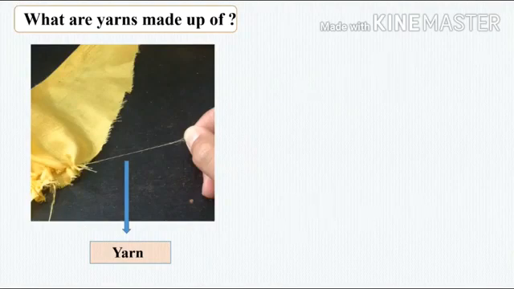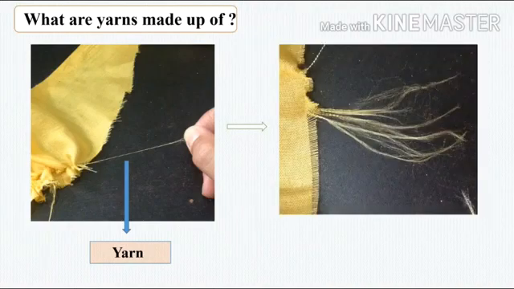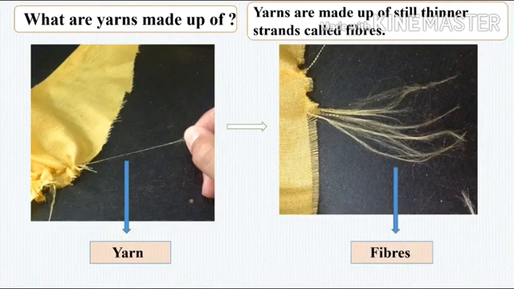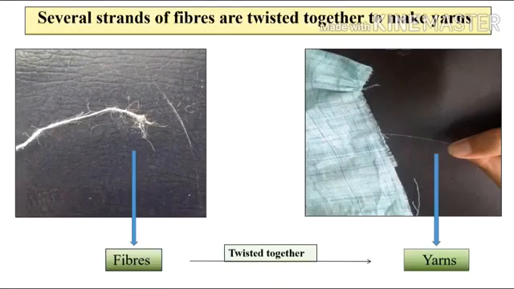So what are yarns made up of? In order to understand this, from the yarn take a small thread and make it into small pieces. From there you can see a fiber. Is there any connection? Yes, yarns are made up of still thinner strands called fibers.